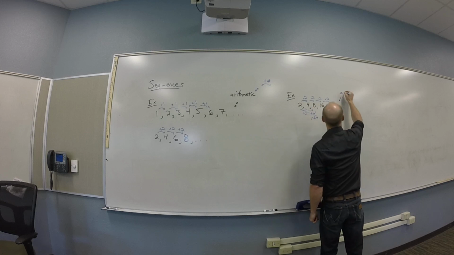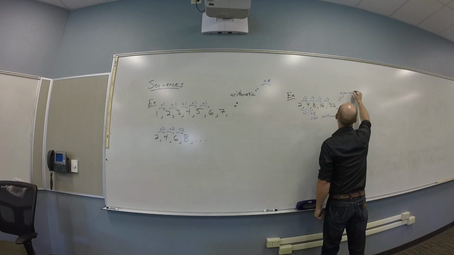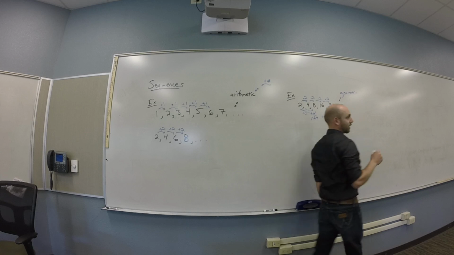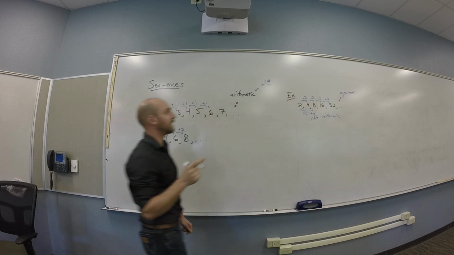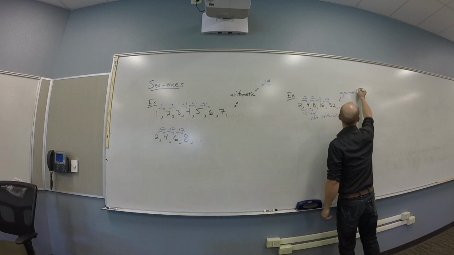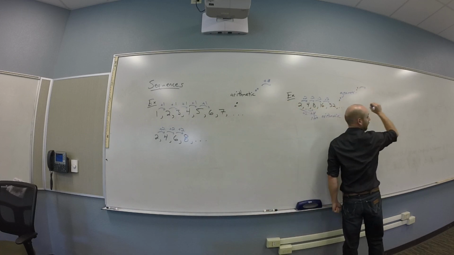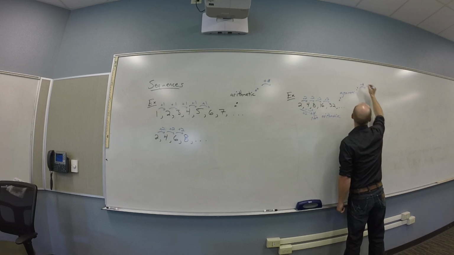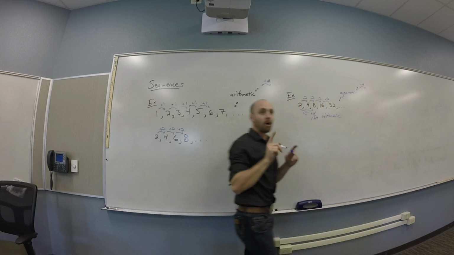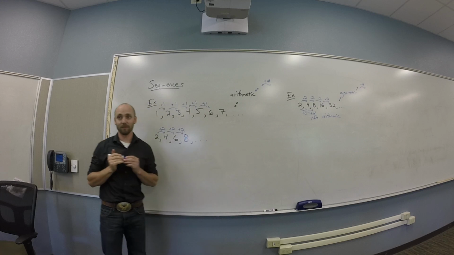So we're going to use geometric. Did you know this one? A geometric sequence is one where the transition maps are all multiplied by some number, the same number at each transition, right?